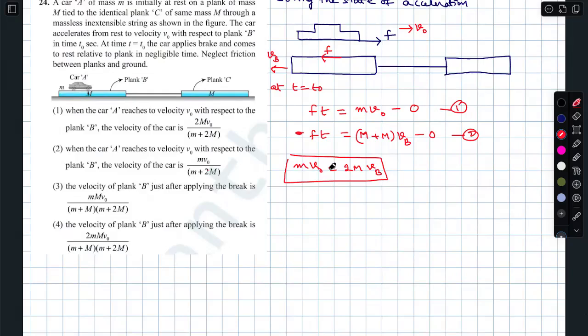When the car A reaches velocity V naught with respect to the plank, we'll call this VA.